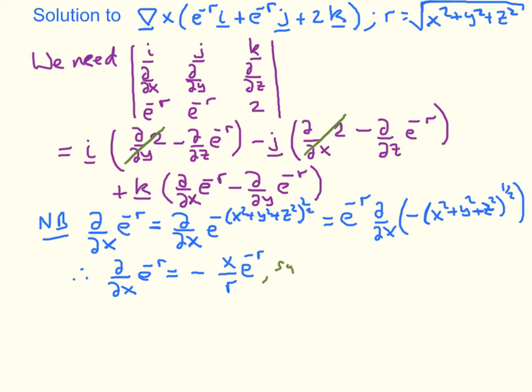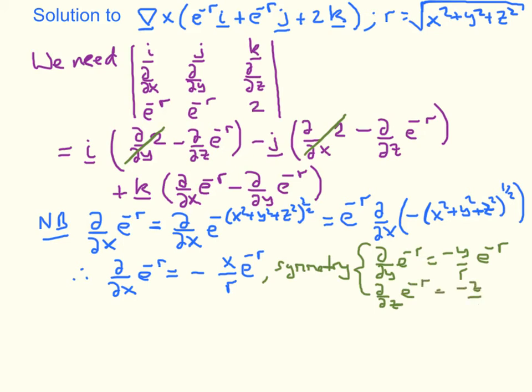Symmetry tells us that d by dy of e to the minus r is minus y over r e to the minus r, and d by dz of e to the minus r is minus z over r e to the minus r. And if that's not immediately apparent, you can work them out and see that this is true.